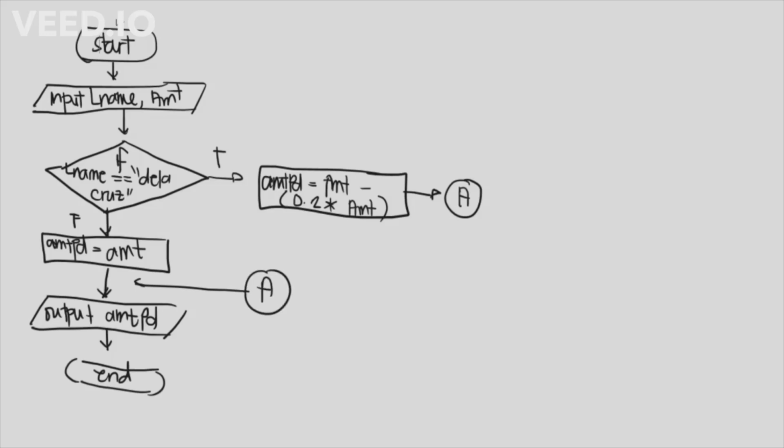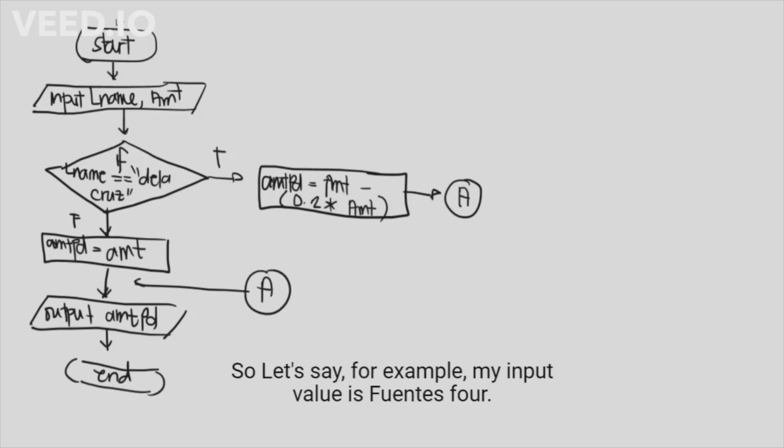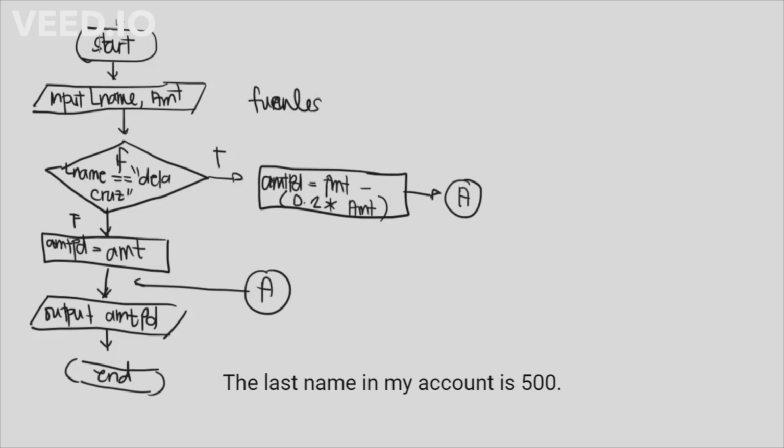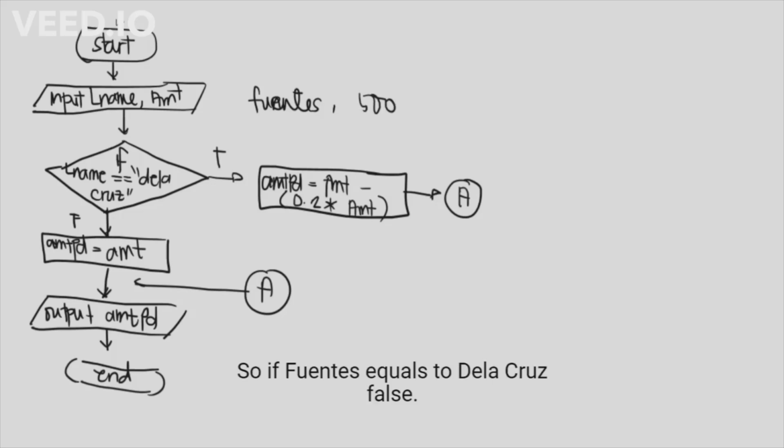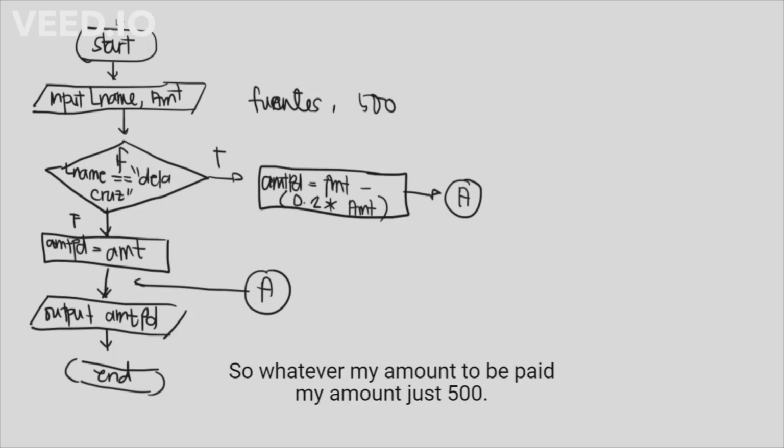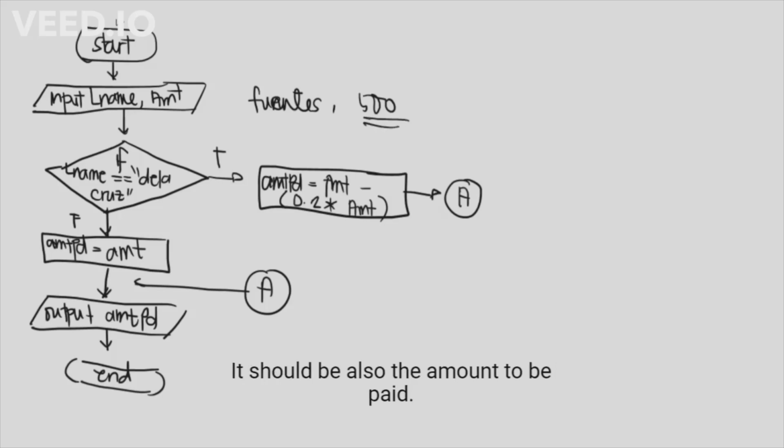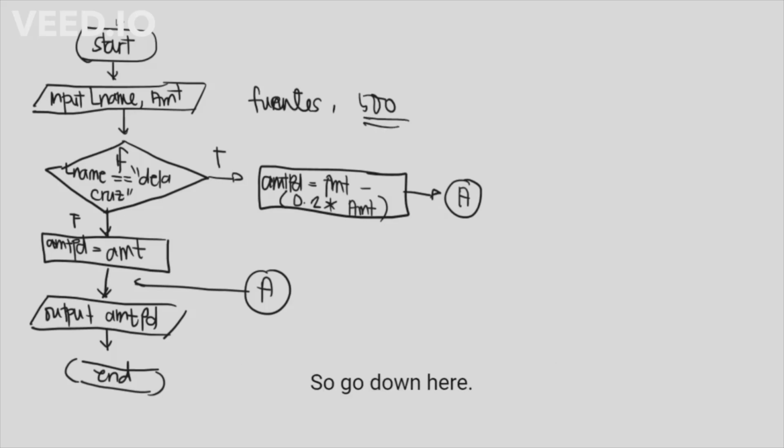Okay, so let's simulate. So let's say, for example, my input value is Fuentes for the last name and my amount is 500. So if Fuentes is equals to De La Cruz, false. So whatever my amount, just 500, it should also be the amount to be paid. So go down here, display 500 and end.